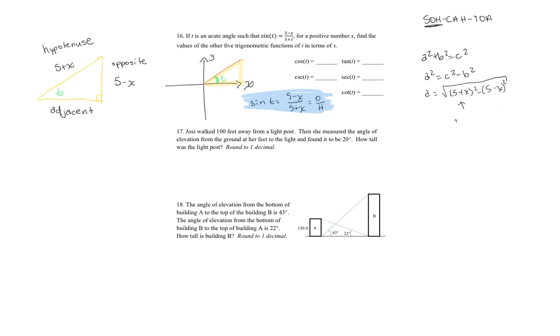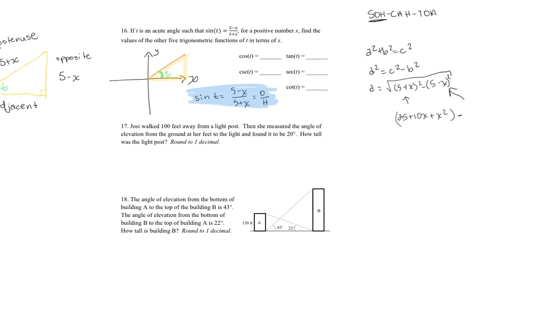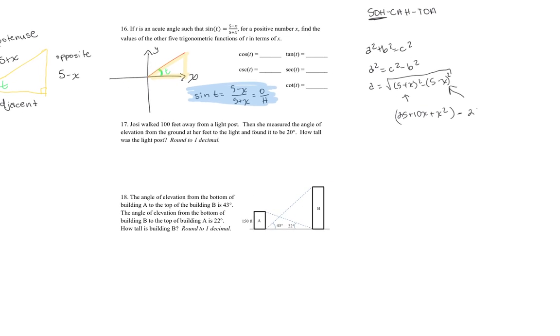So (5 plus x) squared would be 25 plus 10x plus x squared, minus, this would be our 25 minus 10x plus x squared. So 25 minus 25 goes to 0. 10x plus 10x goes to 20x. And x squared minus x squared goes to 0. So we're left with a is the square root of 20x.